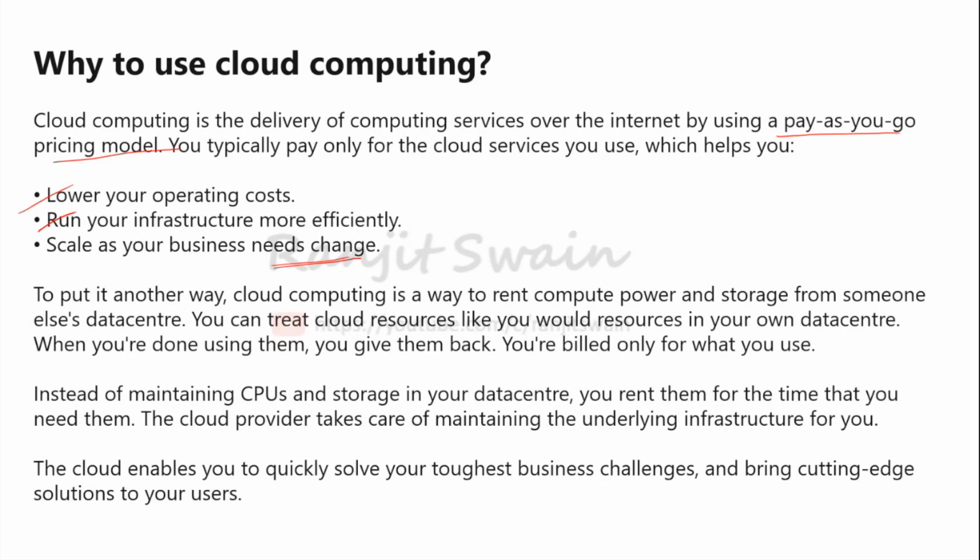Suppose in your company you have two customers now, and your business increased, and you have three servers to maintain your applications. Once your business increased, what will you do? Obviously, you require more computing resources, more servers, more machines.